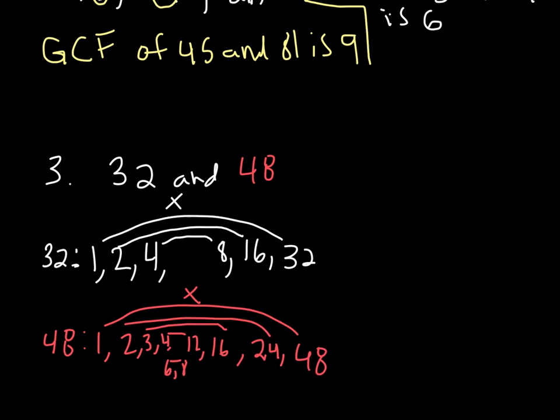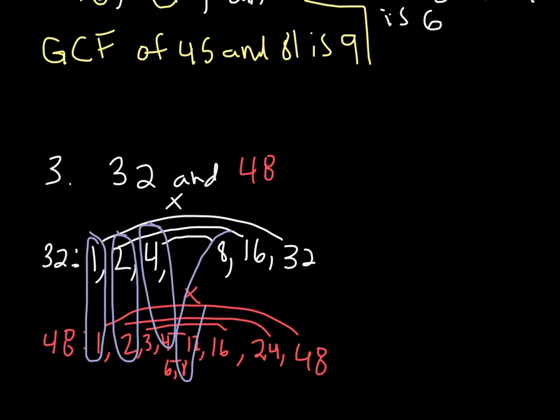We have a lot. So step number 2, let's circle the ones that they have in common, or that are the same. So 1 is in common, 2 is common, 4 is common, 8 is common, 16 is common, and it looks like that is it.